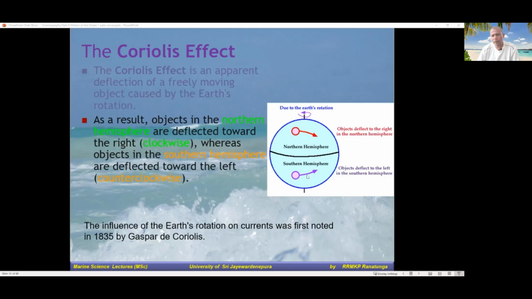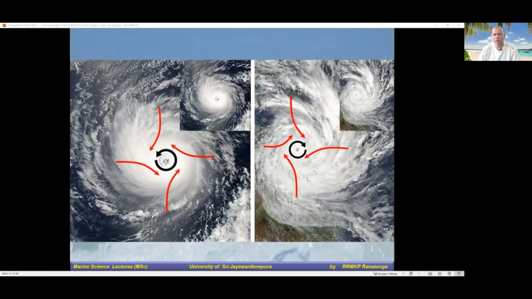This can be demonstrated on many different occasions. It is clearly noticed in cyclones. Right?